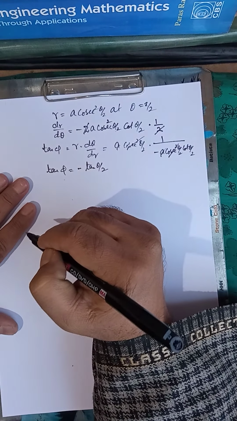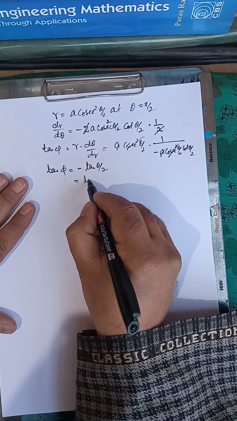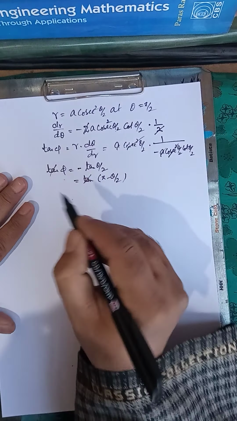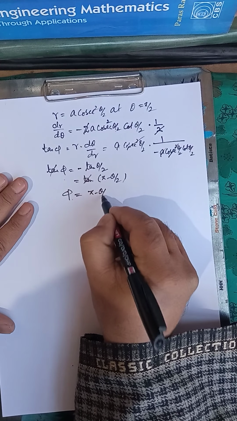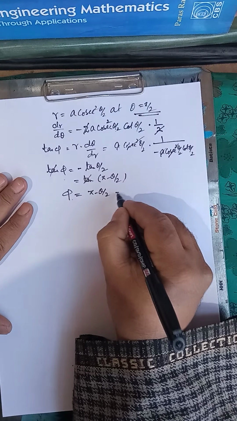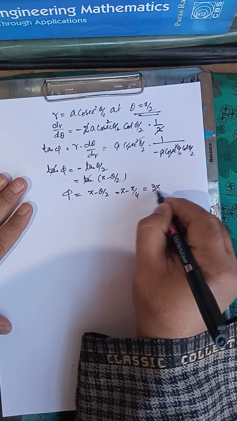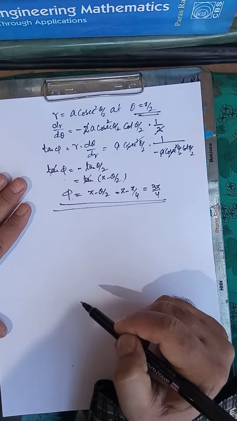But minus tan can be written in terms of tangent of pi minus theta by 2. So your phi, the angle between radius vector and tangent, is pi minus theta by 2. But what is your theta? It is pi by 2. So it is pi minus pi by 4, so it is 3 pi by 4. The angle between tangent and radius vector is this.